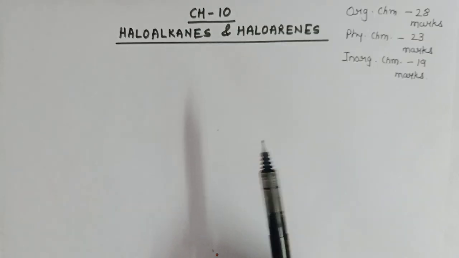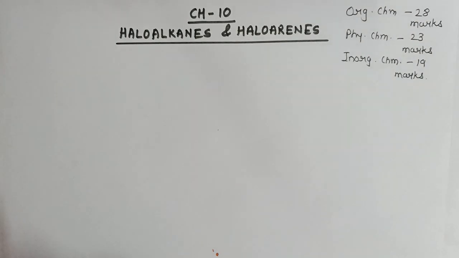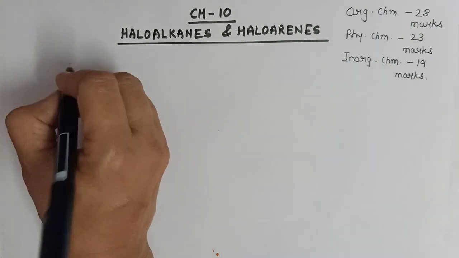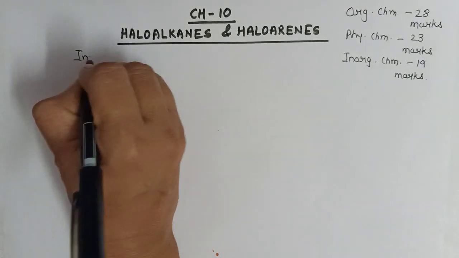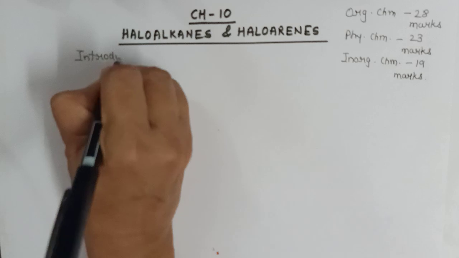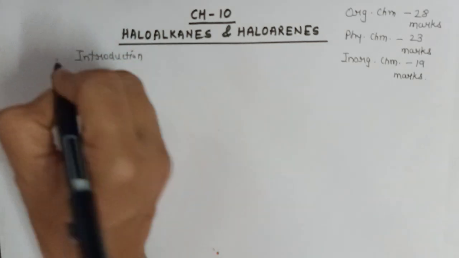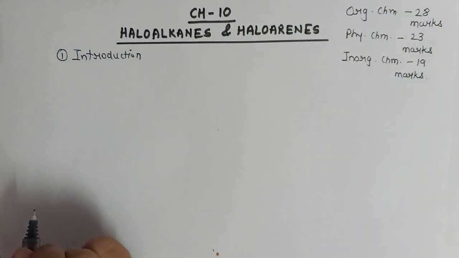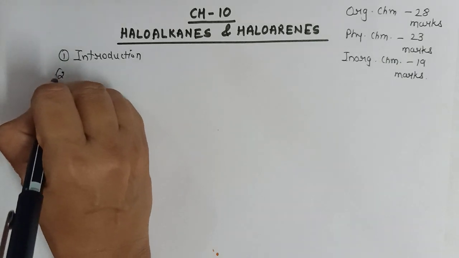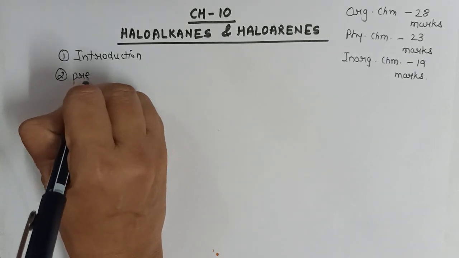Whenever we are studying any chapter of organic chemistry, it has a particular sequence. The very first we'll be studying is the introduction part. Second, we are going to study the preparation methods.